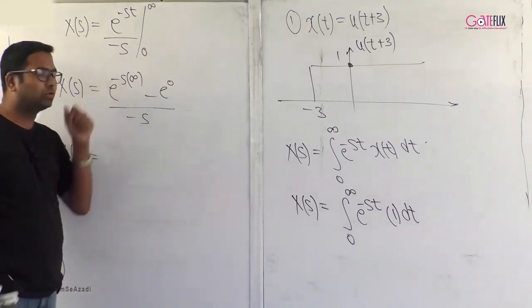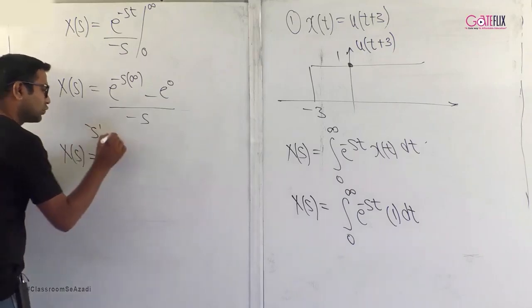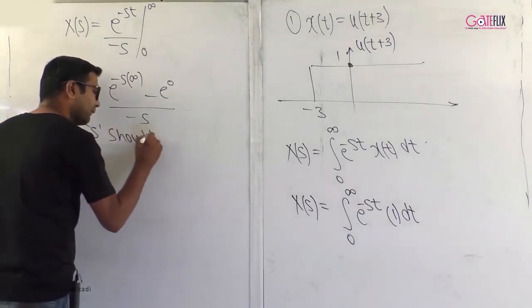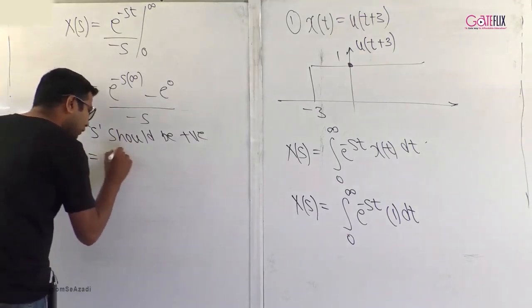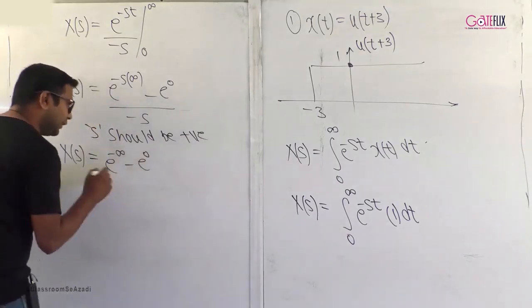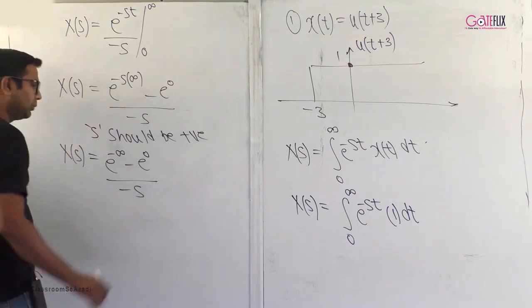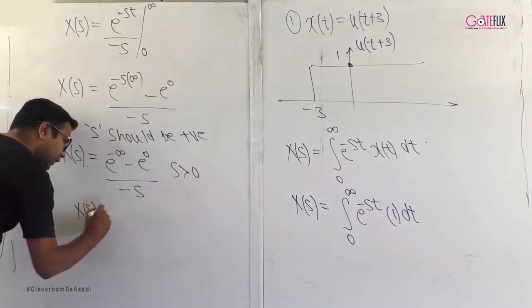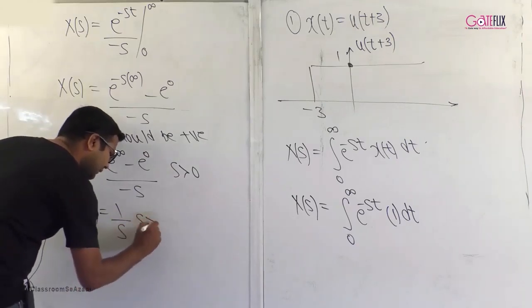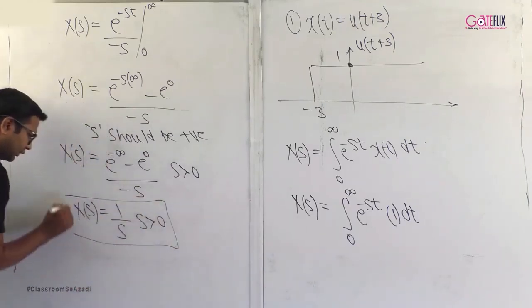For the exponential to go to minus infinity, s should be positive. Therefore, capital X of s is e raised to minus infinity minus e raised to 0 divided by minus s, with s greater than 0. Therefore, capital X of s becomes 1 by s, s greater than 0.